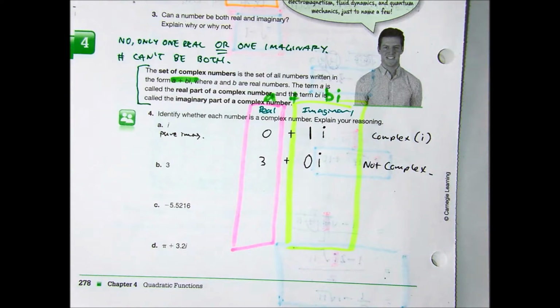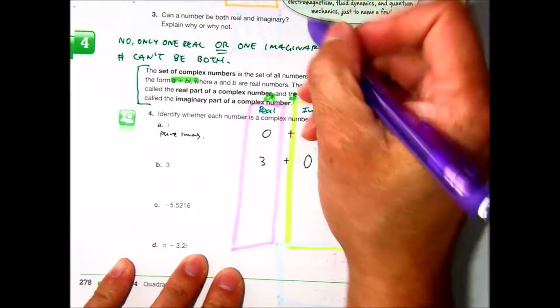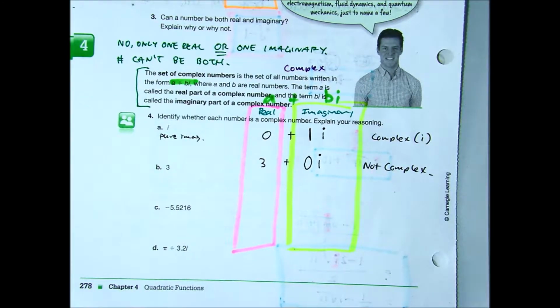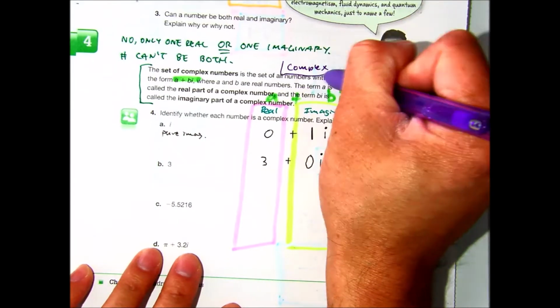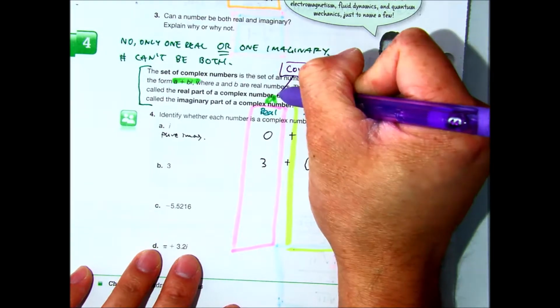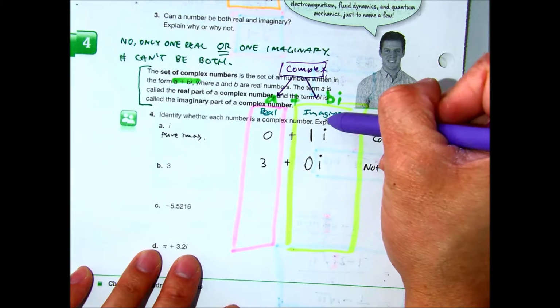All right, so I want to make a correction here. A complex number actually is composed of both a real and an imaginary. Sorry, let me say that again. Complex is composed of both a real and an imaginary.